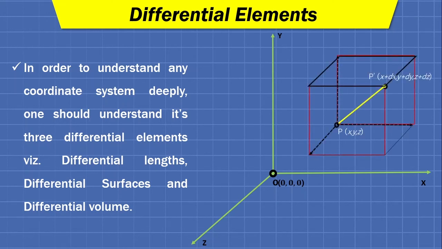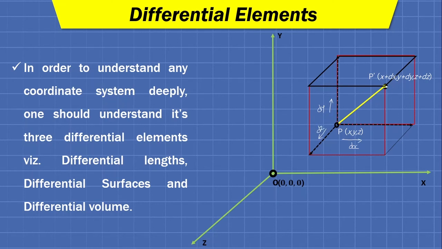So now consider a point P(x, y, z) in any Cartesian coordinate system, and then imagine that we travel a very small distance dx in the direction of x, a very small distance dy in the direction of y, and a very small distance dz in the direction of z.